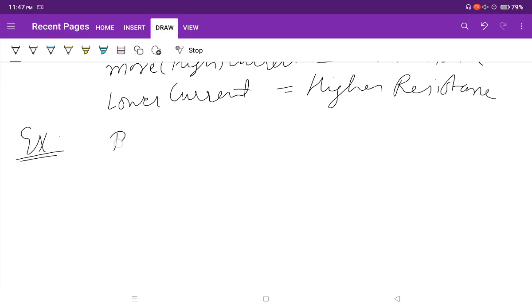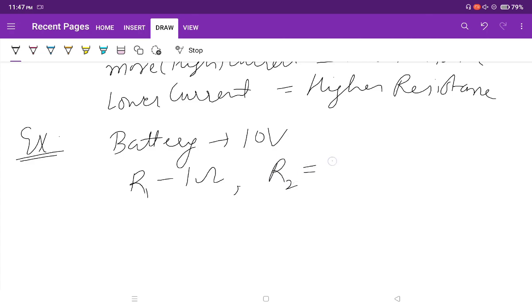Now let's take an example. If I have a battery of 10 volts, and the current from the battery has two paths: a path with resistance 1 ohm and a path with resistance, say, 5 ohms.